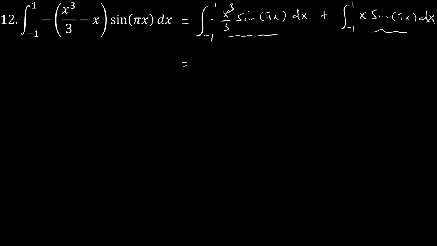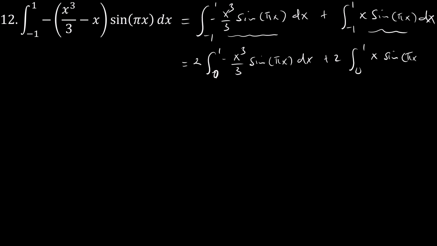So the best thing for us to do is to say, okay, this is twice the integral from x equals 0 to 1 of negative x cubed over 3 sine pi x plus 2 times the integral from 0 to 1 of x sine pi x. In other words, the integrand is even, and is symmetrical about 0.